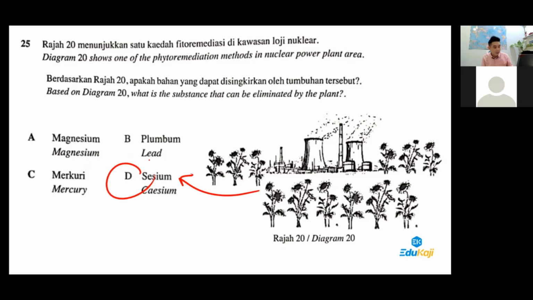So page 89, and page 90. If you look at the top part, sunflower can remove radioactive substances like strontium and cesium. So you can refer to your textbook, page 90, whether you use the BM or BI version.